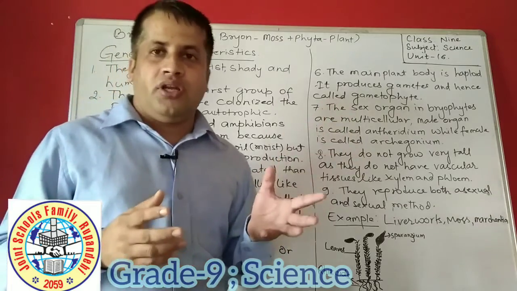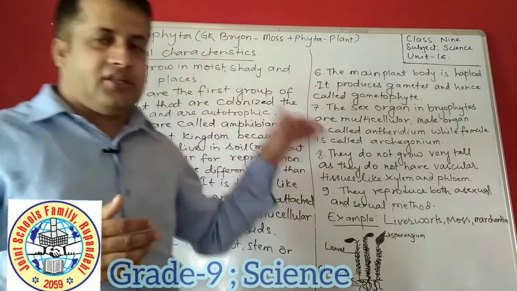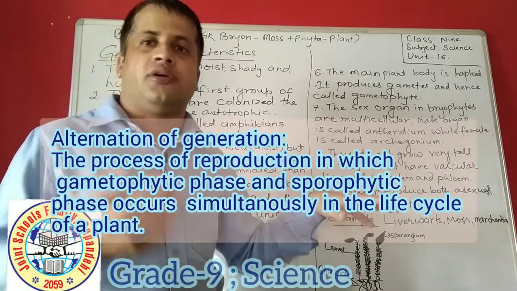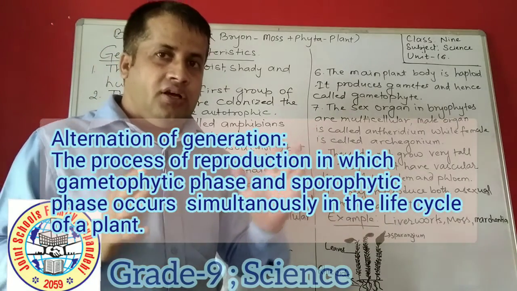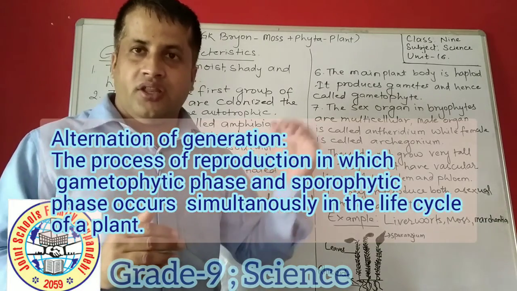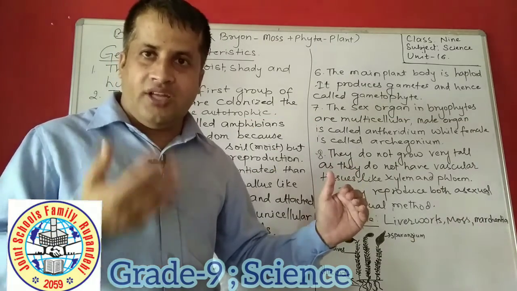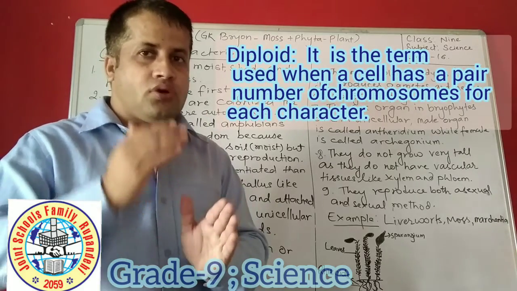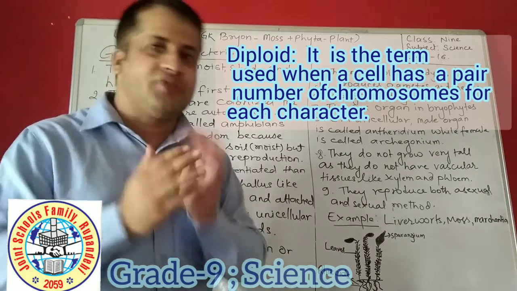One of the important characteristics of the plants that belong to this group is that they show alternation of generation. Their life cycle completes in two stages: the gametophytic stage, where haploid gametes are formed, and another stage called the sporophytic stage, the diploid stage, where spores are formed. Both stages occur in their life cycle one after another.